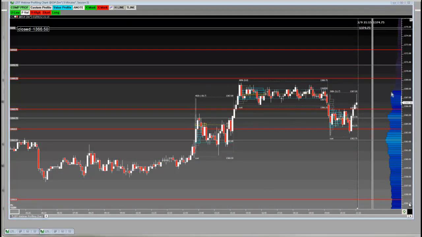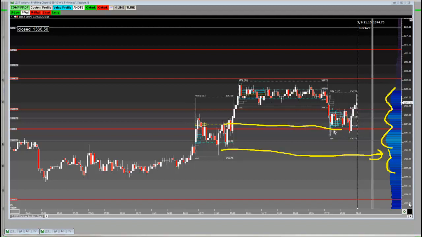Now, if you have a look at what's actually been happening around these ranges, there's a distribution, there's a distribution, there's a distribution. So there are 3 distributions in this range, and actually one here as well. But where does the market reject? Looks to the right, low volume areas. Where does it reject before rotation back down? Low volume area.